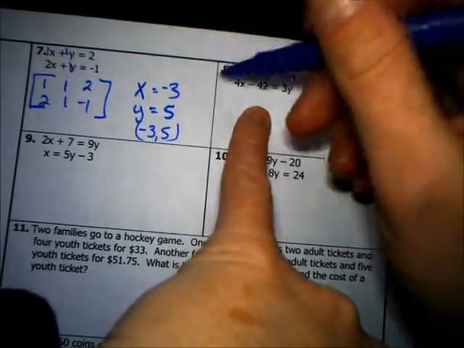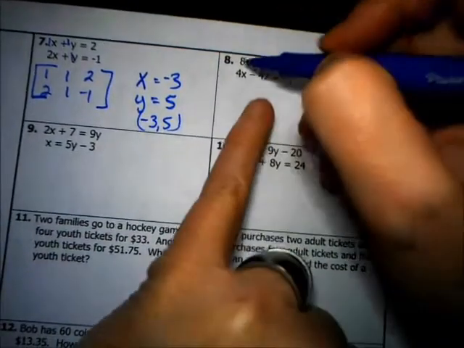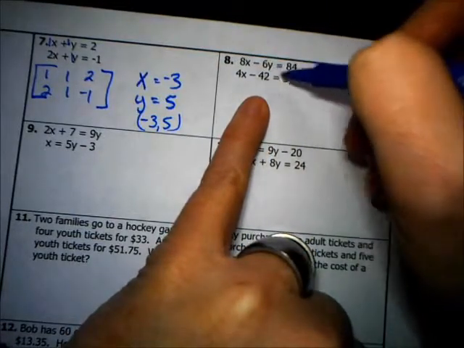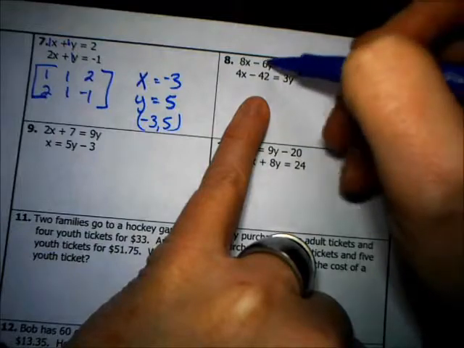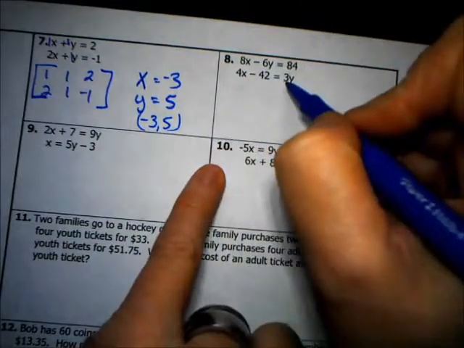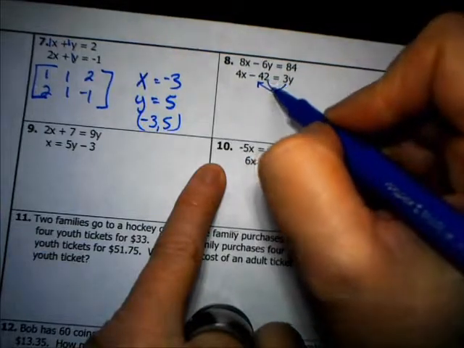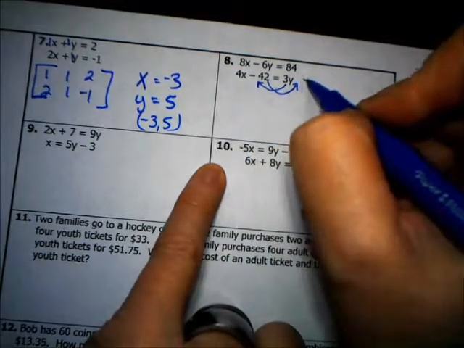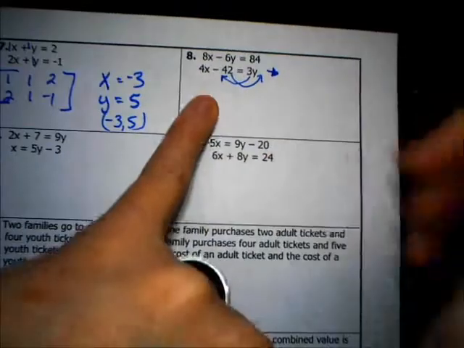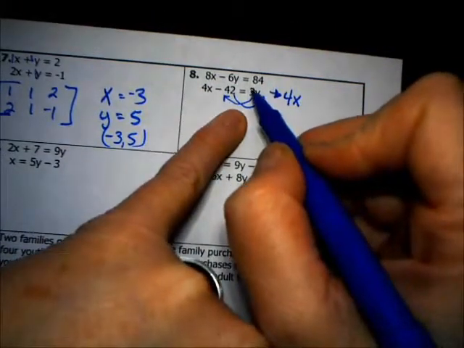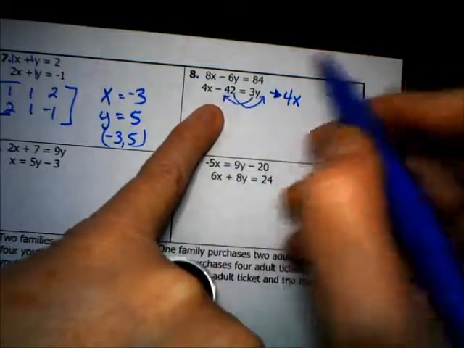If I look at number 8, is it written okay? The x's line up, the equals line up, but look at my constants and look at my y's. So in the second row, the 3y needs to come over to the left side and the constant needs to go to the right side, so I need to rewrite it and change their signs. I still have 4x, but the 3y was positive, so when it crosses over it changes to a negative.